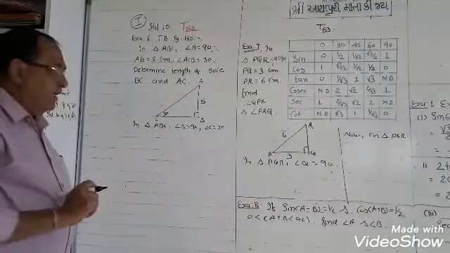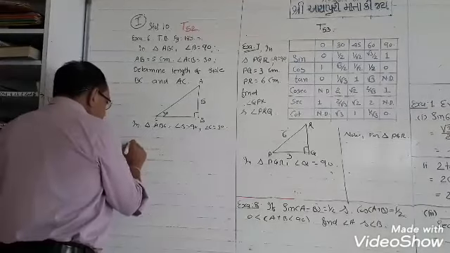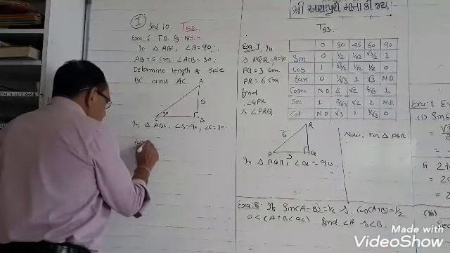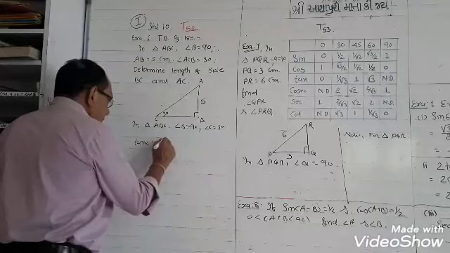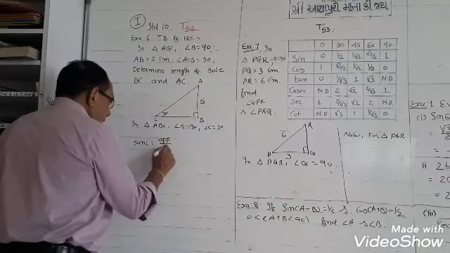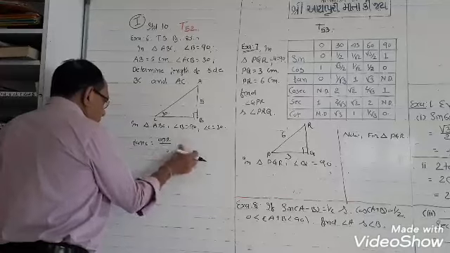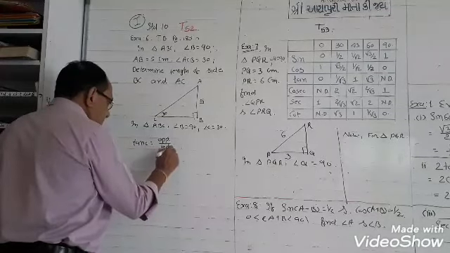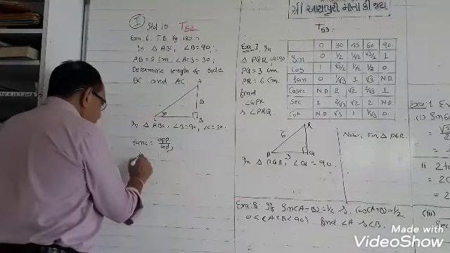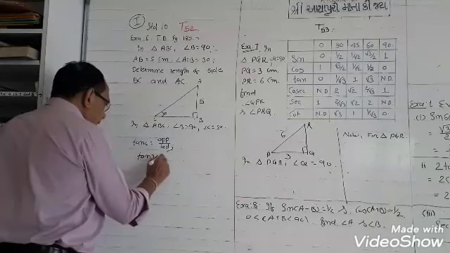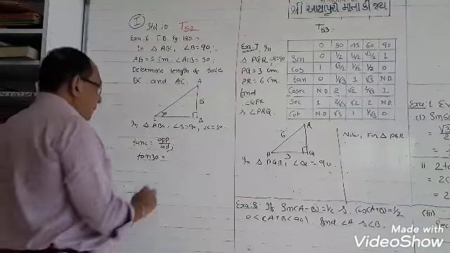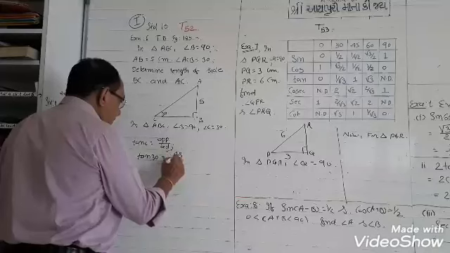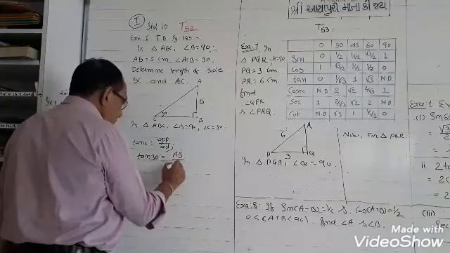You want to find the BC. Which ratio will we take? Tangent of C. Tangent of C is equal to opposite side upon adjacent side. Tangent of C means tangent of 30. Tangent of 30, opposite side AB upon BC.